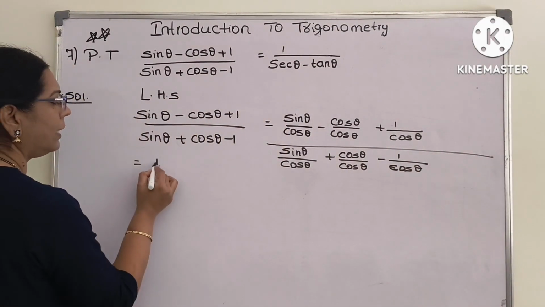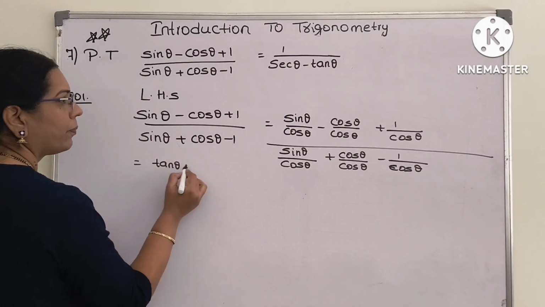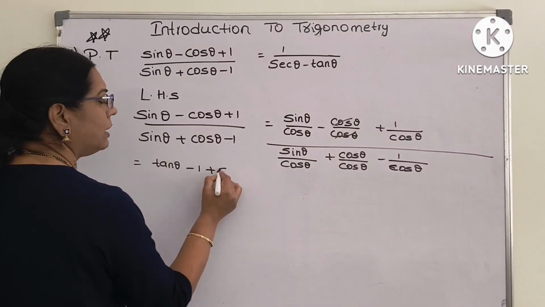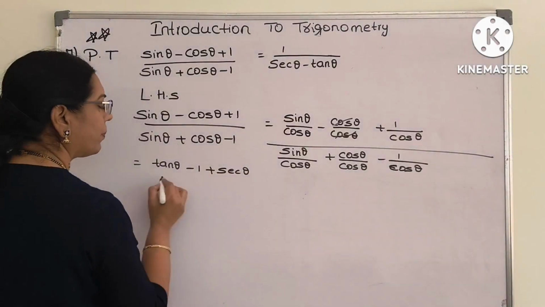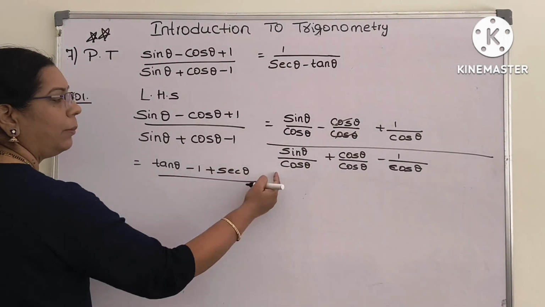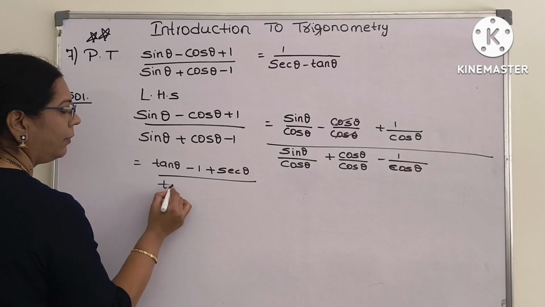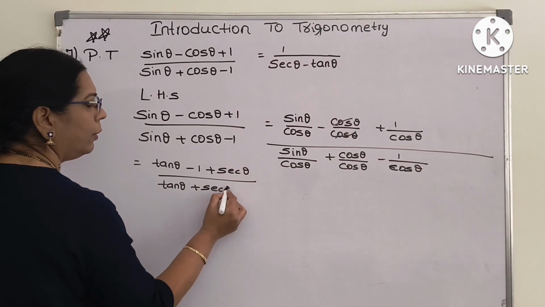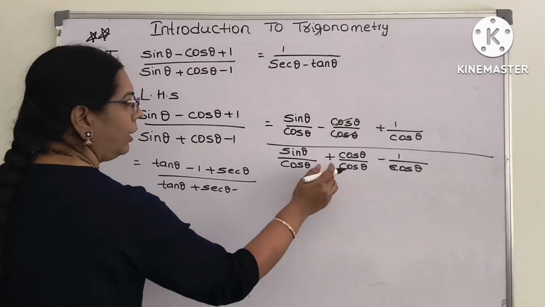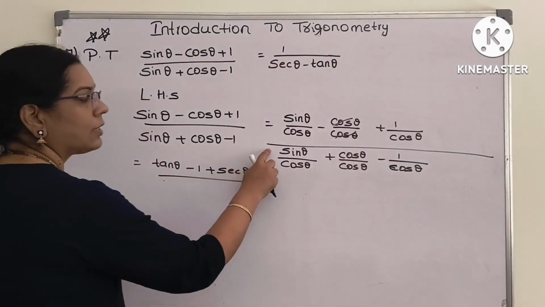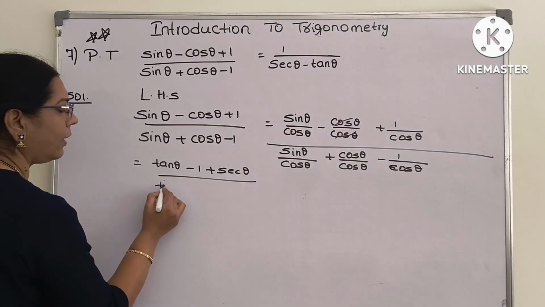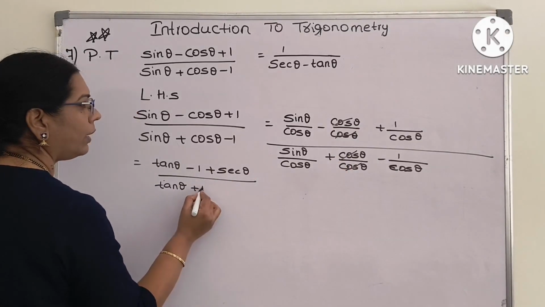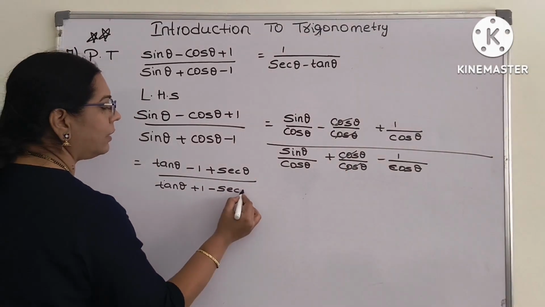So this can be written as: sin theta by cos theta is tan theta, minus 1, plus 1 by cos is secant theta, by sin by cos is tan theta plus 1 minus secant theta.